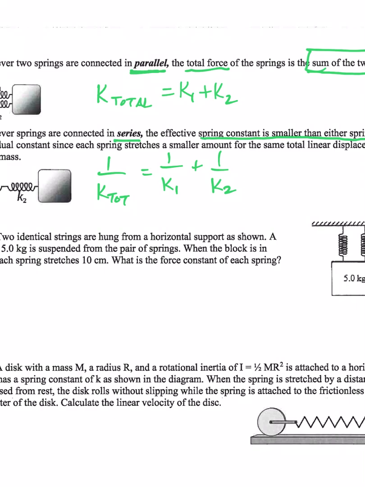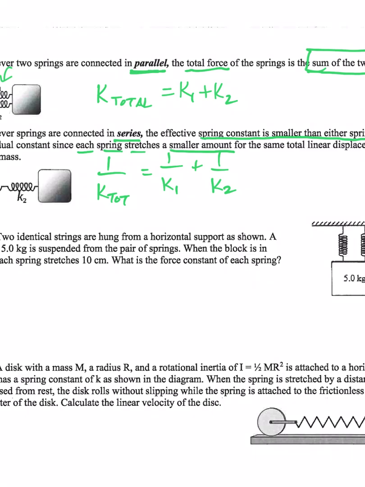Think about why that is. It says smaller than either because each spring stretches what? Less, doesn't it? These both stretch the same amount, so we're just adding it in. It's making it harder to stretch, which means the total went up, whereas here, each one of them doesn't have to stretch as much, so it actually goes down, doesn't it?